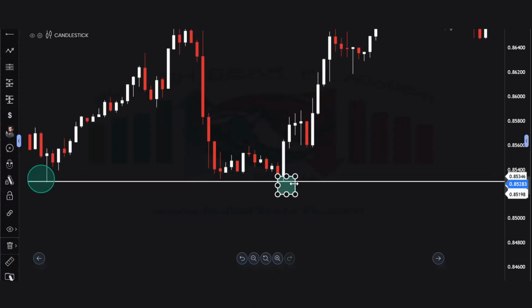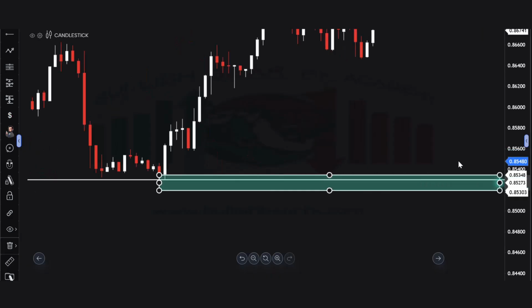Put your rectangle and drag it to the future. After dragging it to the future, you want to wait for price to come to your zone. Now remember, this is now called a zone. So in between a zone is where you want to find your entry positions.